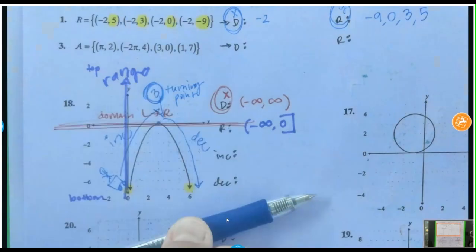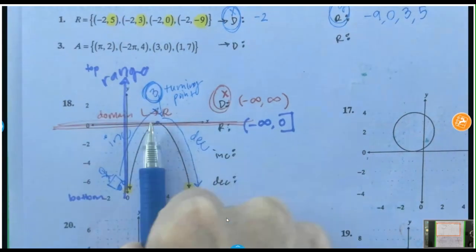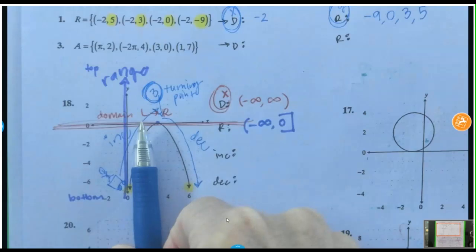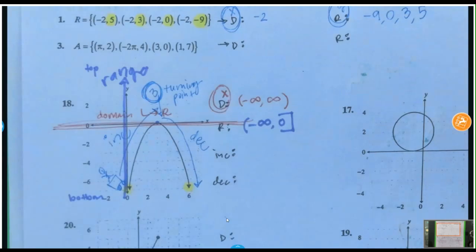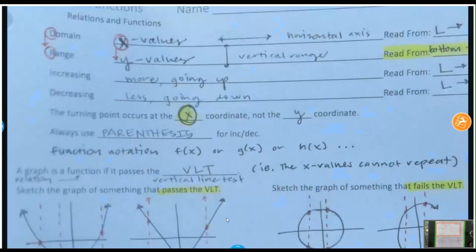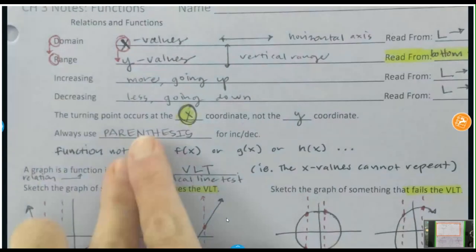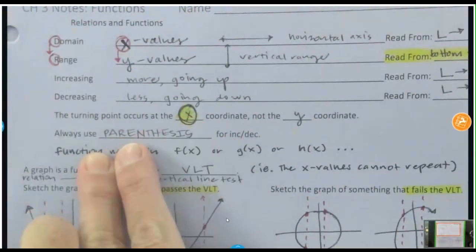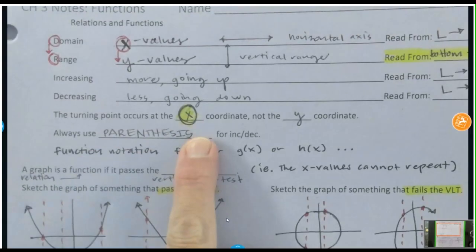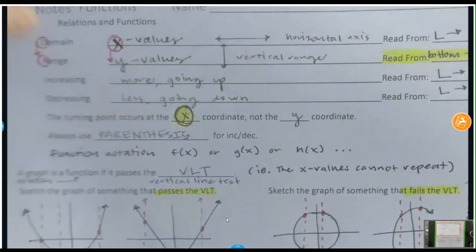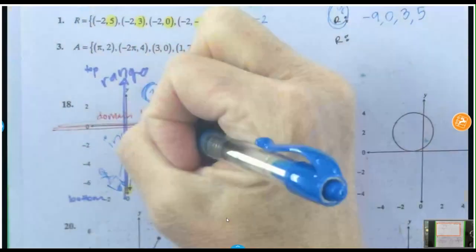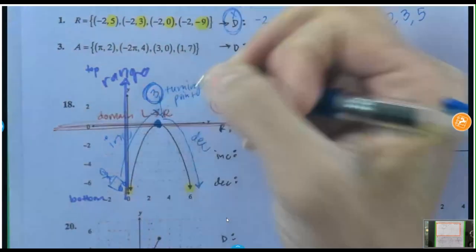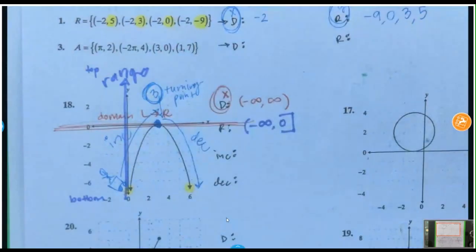You go straight down. But there is a moment in time, called a turning point, where your body is neither increasing nor decreasing. Now, remember from yesterday, I told you this, but we're going to talk about it a little bit more now. The turning point occurs at the X, not the Y, and you always use parentheses for increasing and decreasing. The reason is, at the turning point, which occurs right here, you are neither increasing nor decreasing.